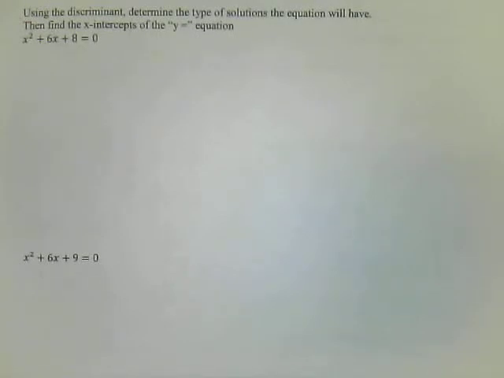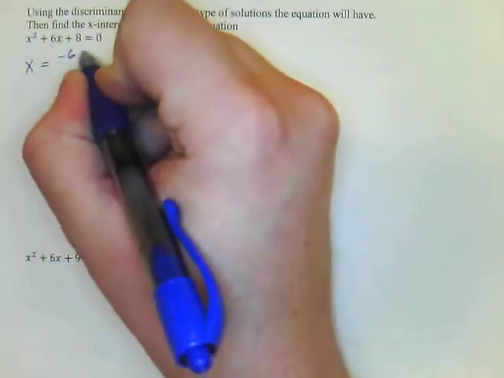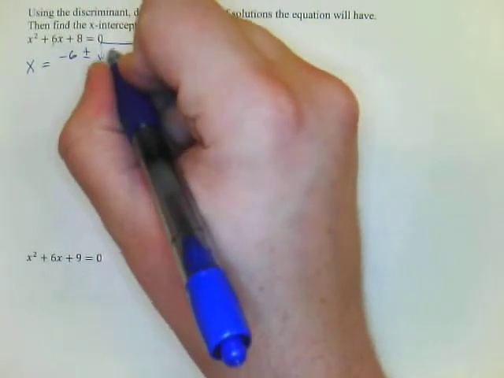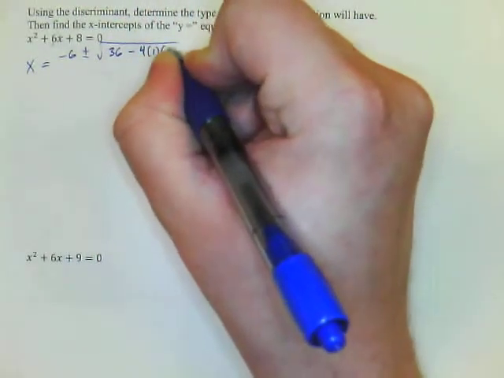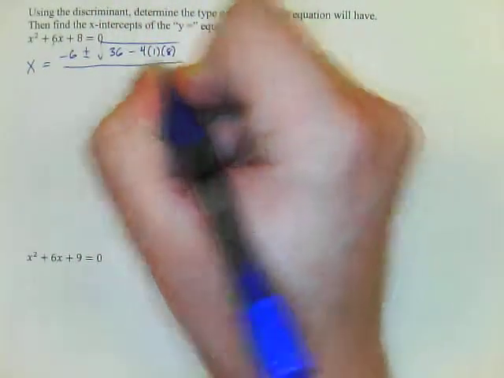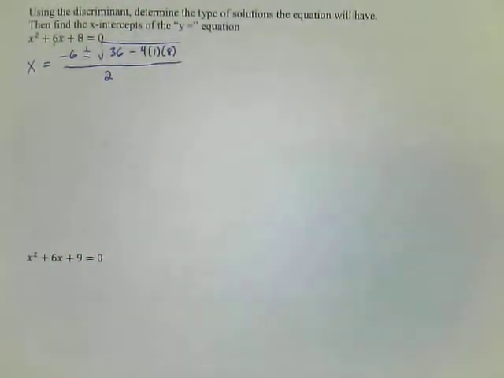So what we're going to do is just go ahead and start using the quadratic formula here. So it's negative b is 6, that's negative 6, plus or minus the square root of b squared, so 6 squared is 36, minus 4 times a, which is 1, times c, which is 8, all over 2 times a. Well, a is 1, so that's going to be just 2.